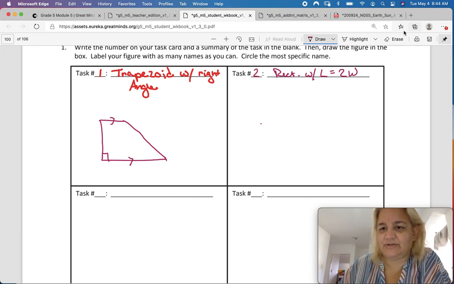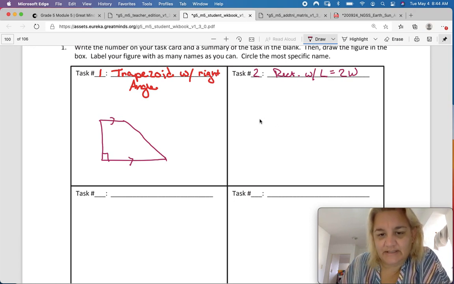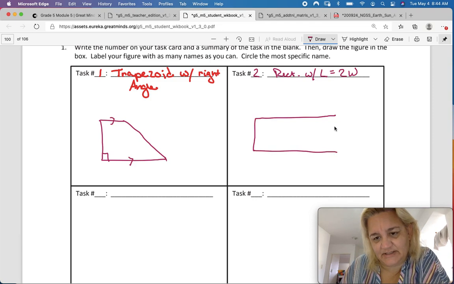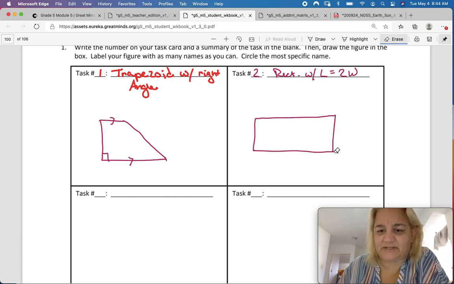Okay, so a rectangle has 4 right angles. It has 2 sets of parallel lines, and you are going to need a ruler. Don't guess, actually measure. So here is 10 centimeters, and here is 5 centimeters. Please measure on your pages. Measure, measure, measure.